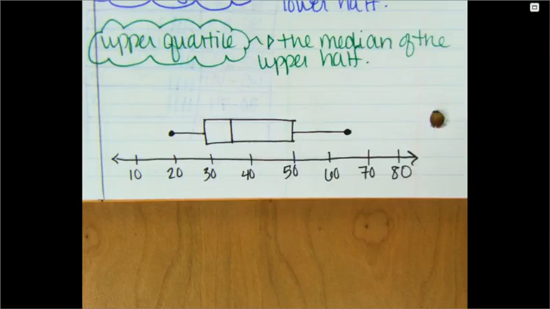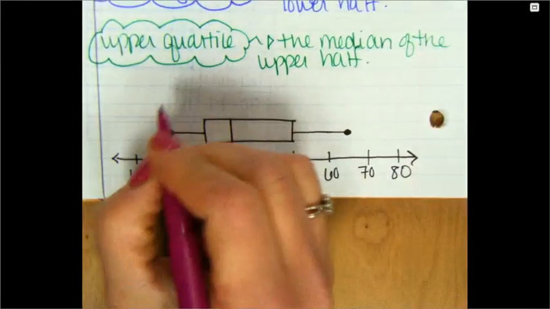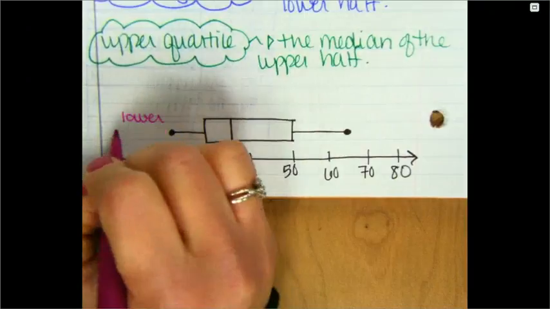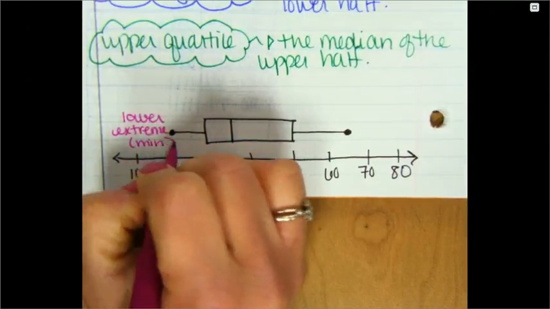I'm going to label the parts to it. Where do you think your minimum or your lower extreme is going to be? Right here. This is your lower extreme, which we also know to be the minimum. Okay?